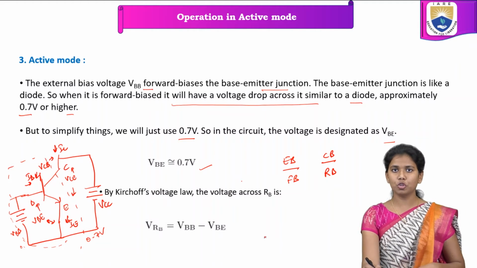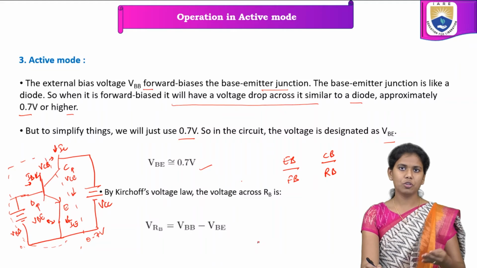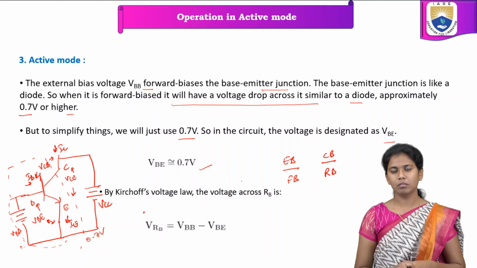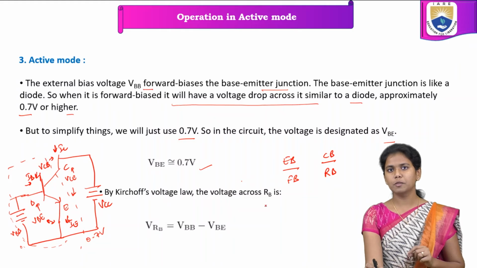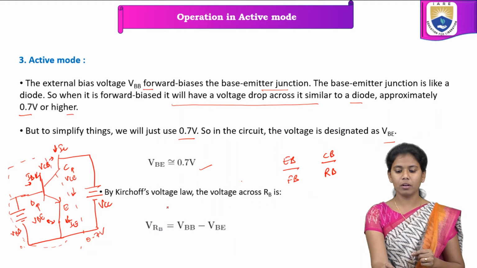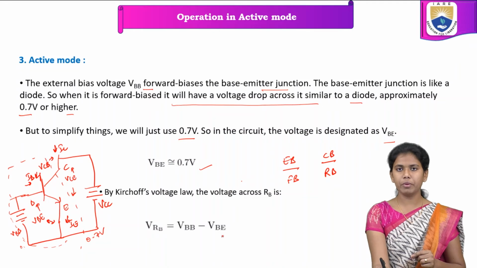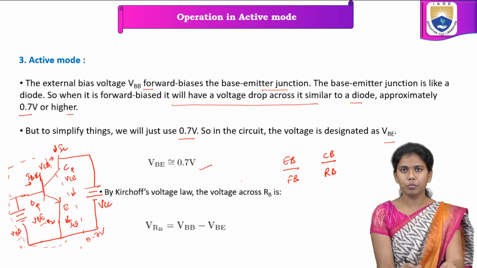By using Kirchhoff's voltage law, which is one of the basic things in electronics and device circuits, the voltage across the base resistance RB, VRB, is equal to VBB minus VBE.